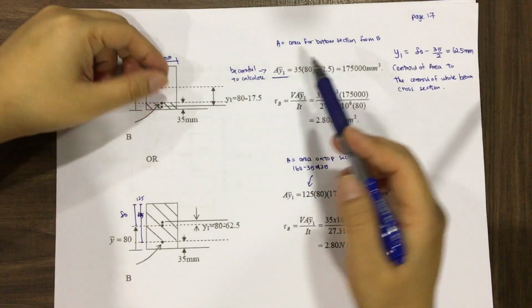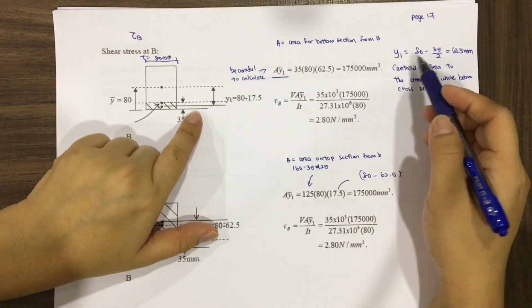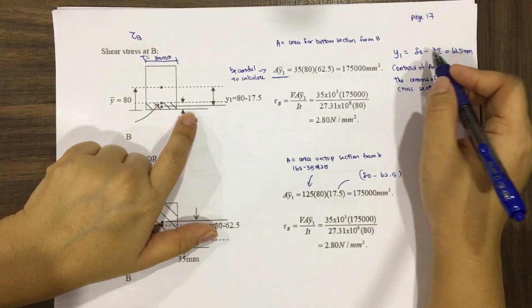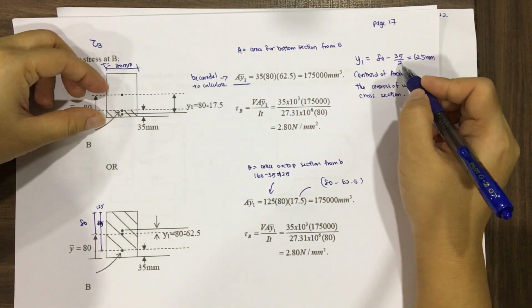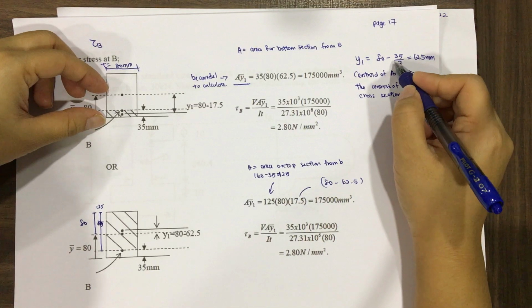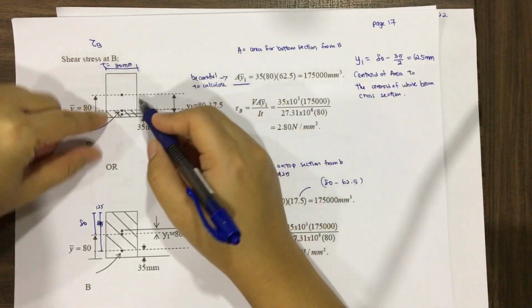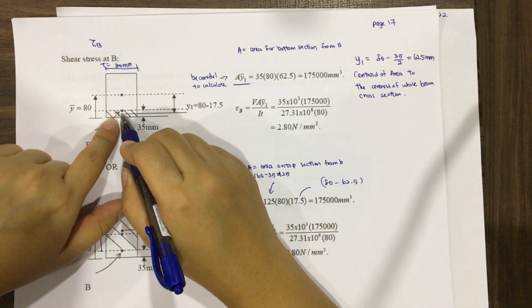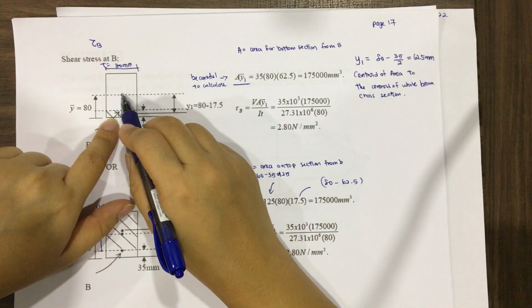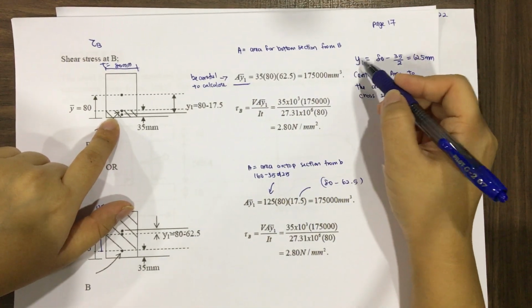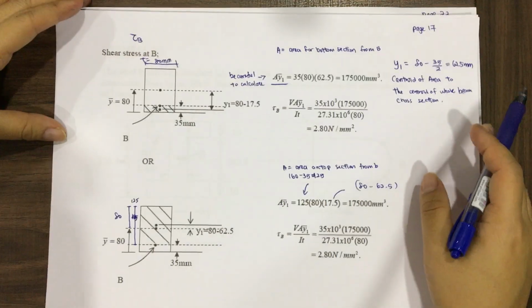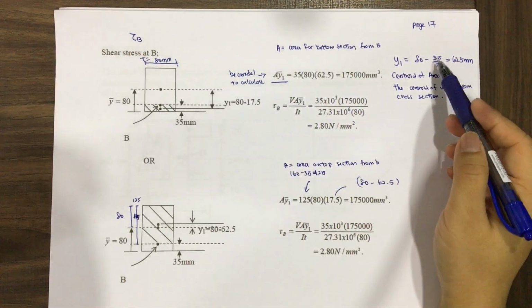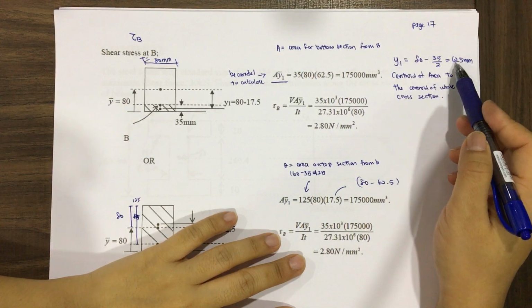And then Y1, you need to be careful here, and I already listed it. Y1 here is 80 minus 35 over 2, meaning the centroid of this area to the centroid of the overall section. So you need to remember Y is the distance from the centroid of the area to the centroid of the overall section. You calculate Y1 and you get 62.5.